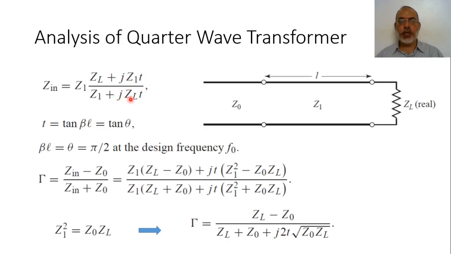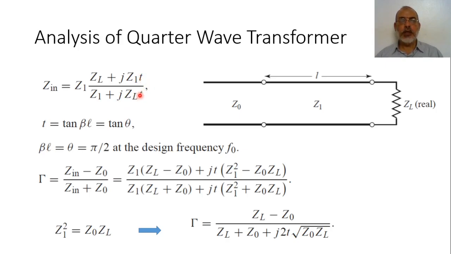(Z1 plus jZL multiplied by infinity). Let us assume that it is not pure infinity, it is a very large value T. So at theta around pi over 2, the numerator is nearly equal to jZ1 multiplied by T, while the denominator is nearly equal to jZL multiplied by T. By taking the limit, T can be eliminated.